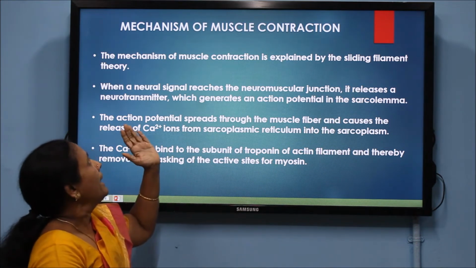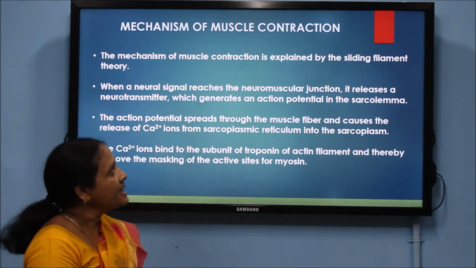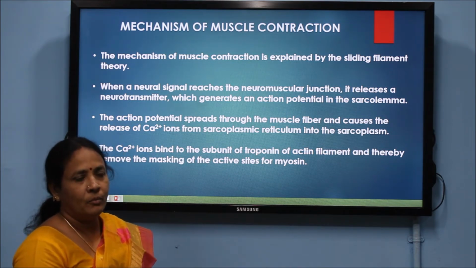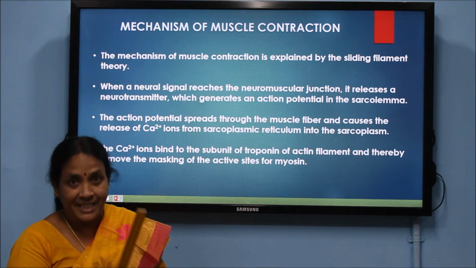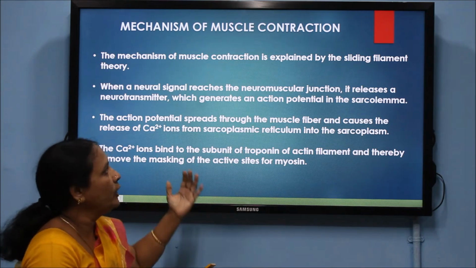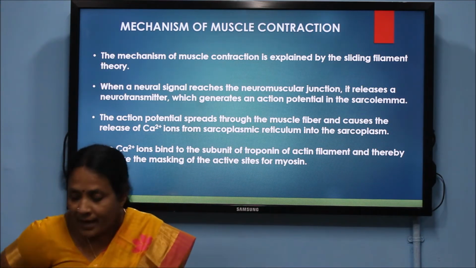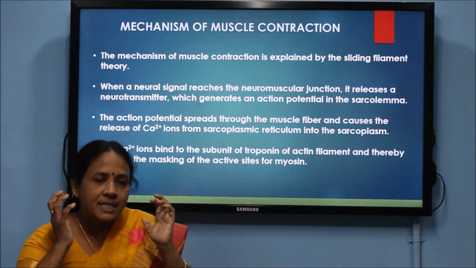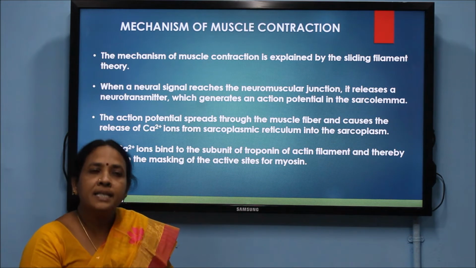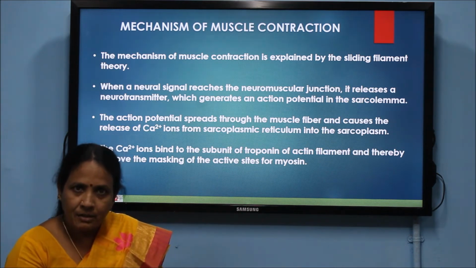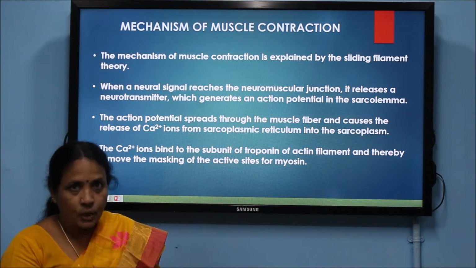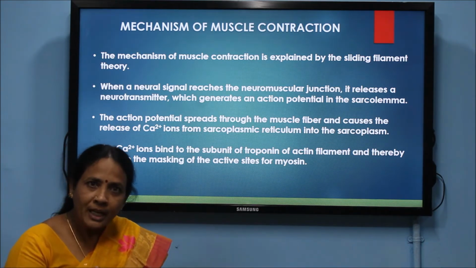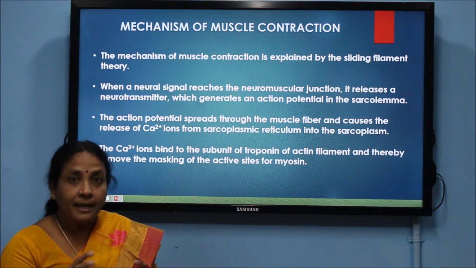This mechanism of muscle contraction is explained by the sliding filament theory. How the contraction of muscle takes place in our body, that we are going to see. First, the central nervous system sends the impulse to the motor nerve, at the place where the muscle and the motor nerve connect.